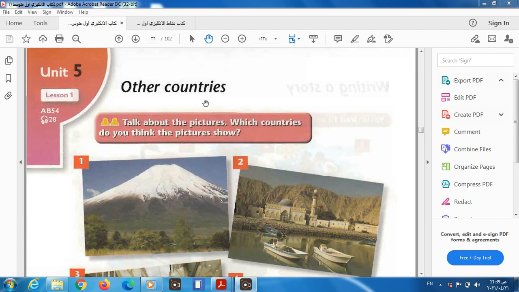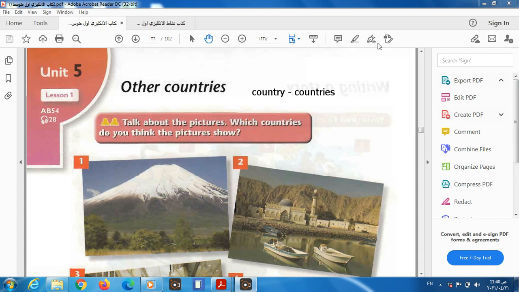Other countries. countries هي جمع country، جمع country دولة. لاحظ country دولة منتهية بواي، عند الجمع الواي تحولت إلى I وضيف es. country, countries. Okay, now talk about the pictures.